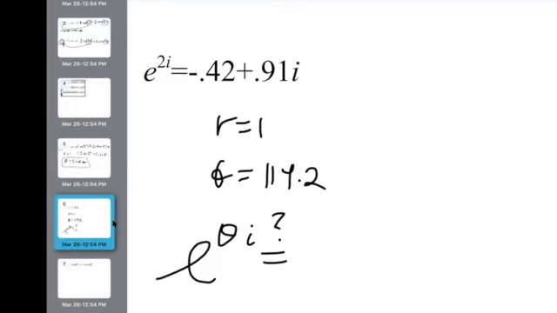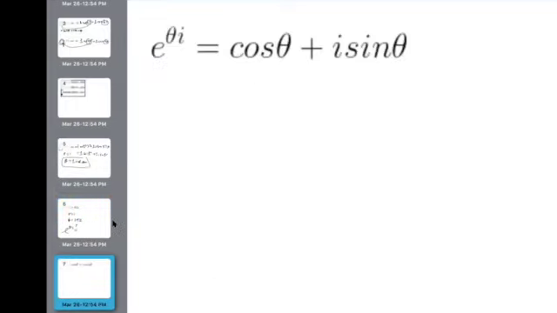Okay, and I see theta radians, which is right. This is one of the most famous rules in all of math, that e to the theta I, so the theta is the coefficient of the I, will equal cosine theta plus I sine theta.